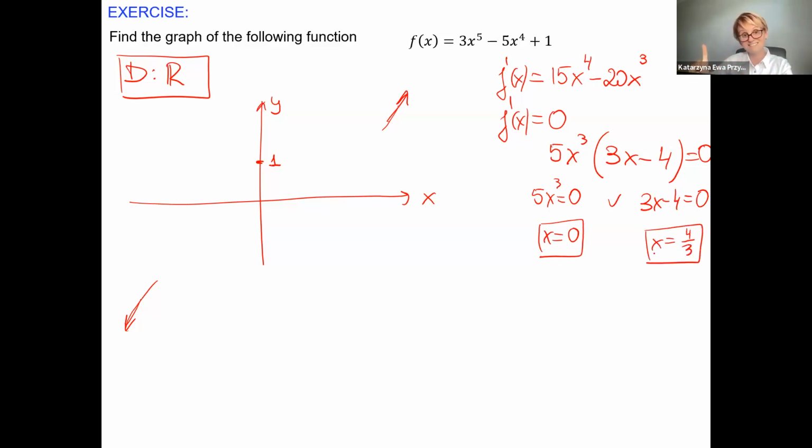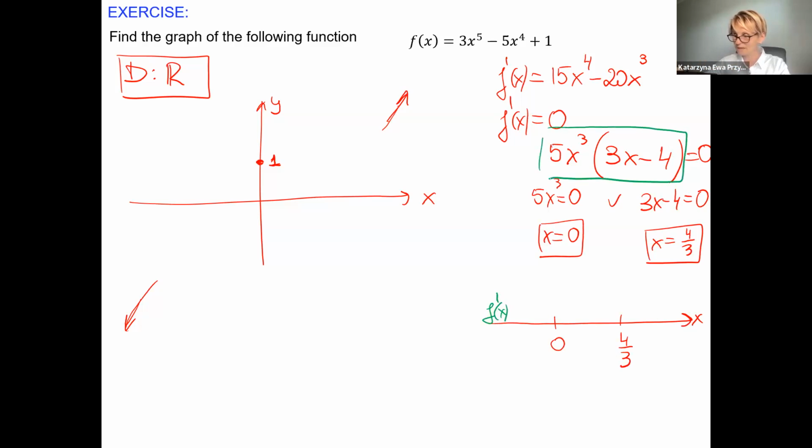Actually, if x is 0, the value is 1 when you substitute. That means this point, but let's check. We can figure out increasing and decreasing around 0 and 4/3, looking at the sign of the first derivative. When x is big, like 10, 100, let's say 2, 3, 4, greater than 4/3, then the value will be positive.